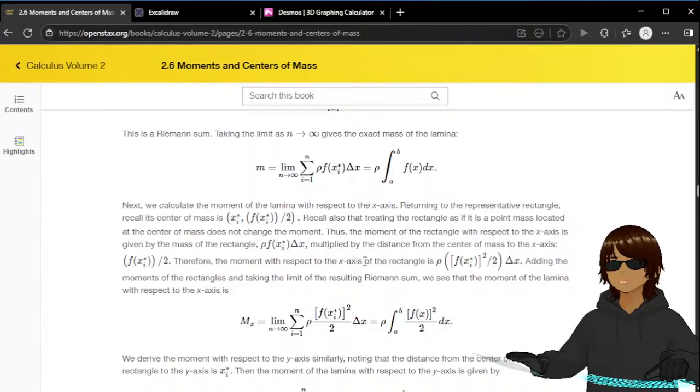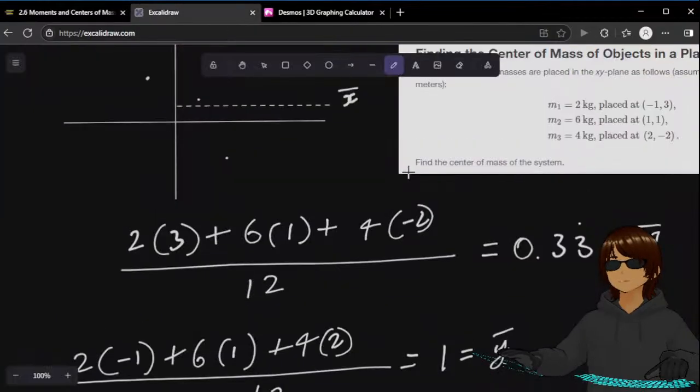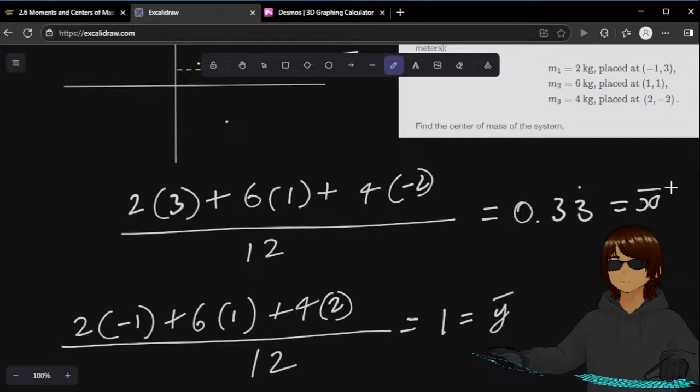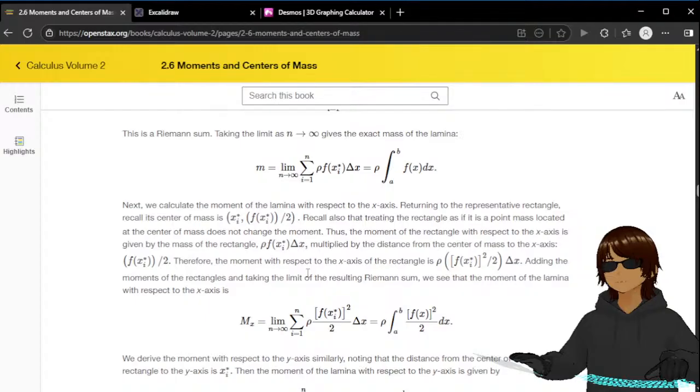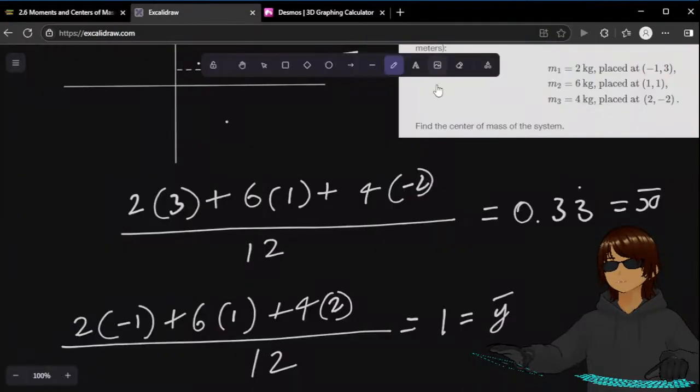So the moment is this numerator, which is mass times the distance.